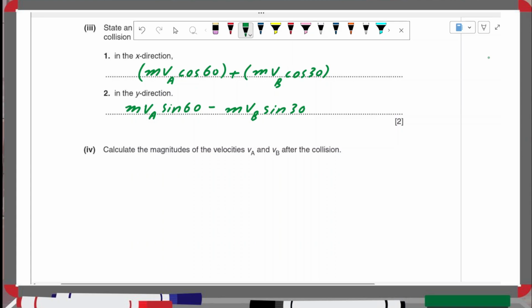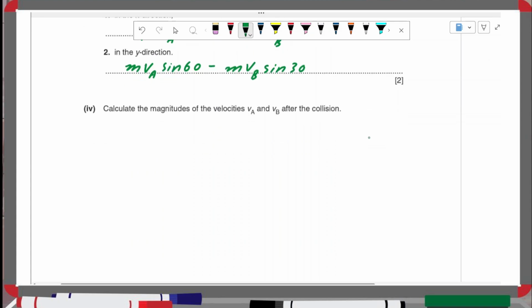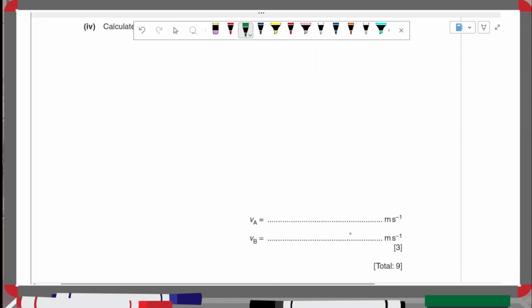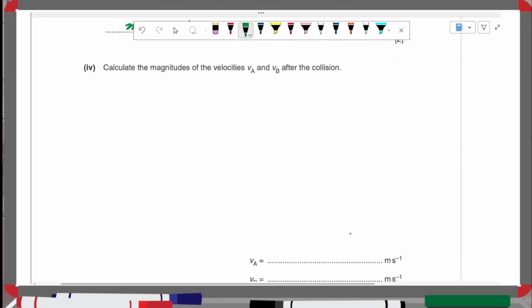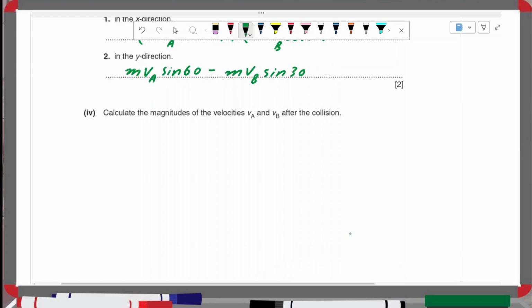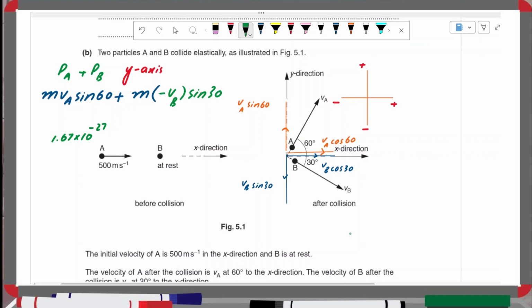Alright, so 2 marks for this one, for momentum in 2D. And then you have a follow-up question for 3 marks. You need to calculate the magnitude of VA and VB, the velocities of A and B after the collision. So when we need to find the velocities after the collision, what do we use? We use the law of conservation of momentum.